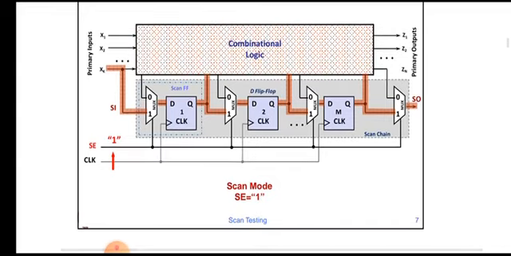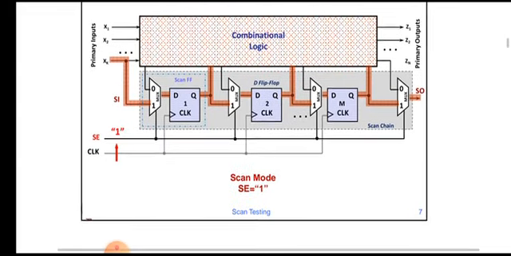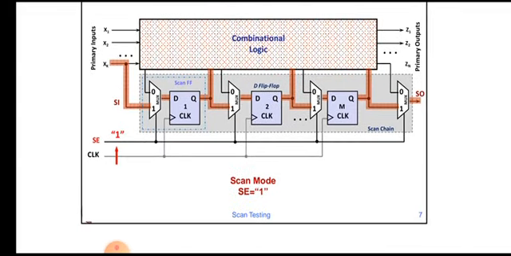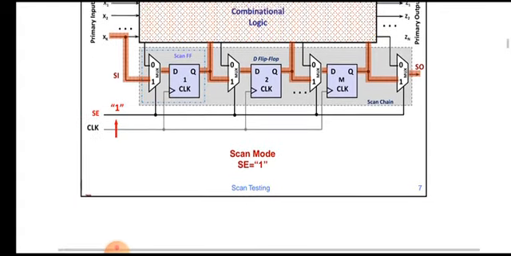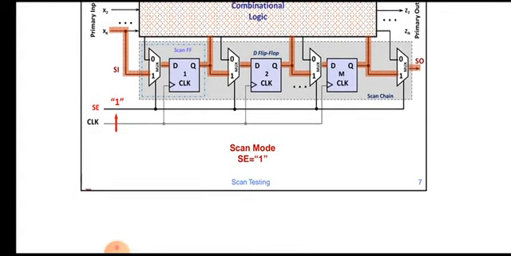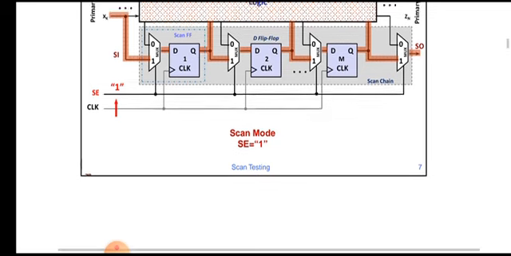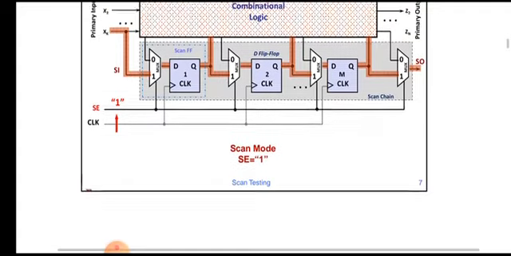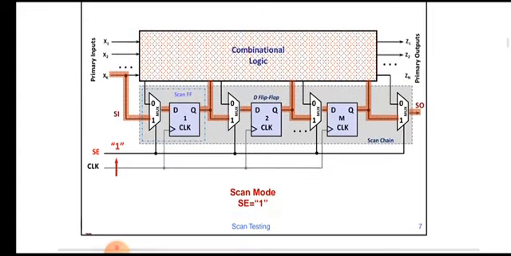Same for the next, and same for the next. So ultimately when we are inserting the S input, we are getting the scan output, right? But how is it working? Scan mode works only when the scan enable is 1, so we will get this phenomenon.